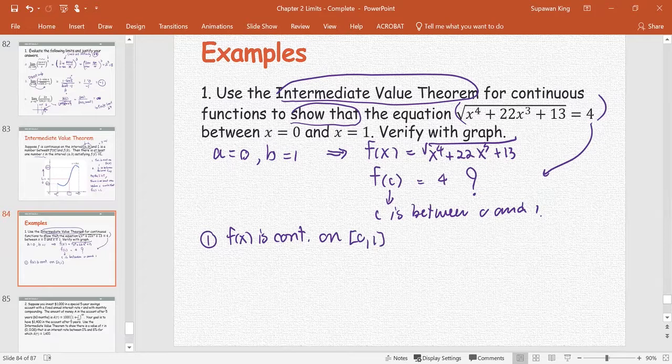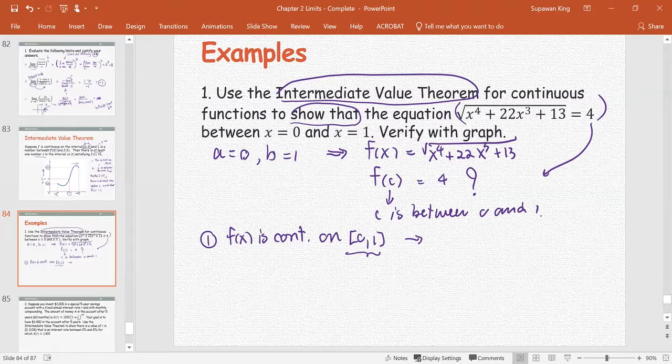It's not very convenient for this problem. We just make a guess, or as a possibility, because we don't look for the entire domain, we have to make sure the graph is continuous from x equals 0 to x equals 1.